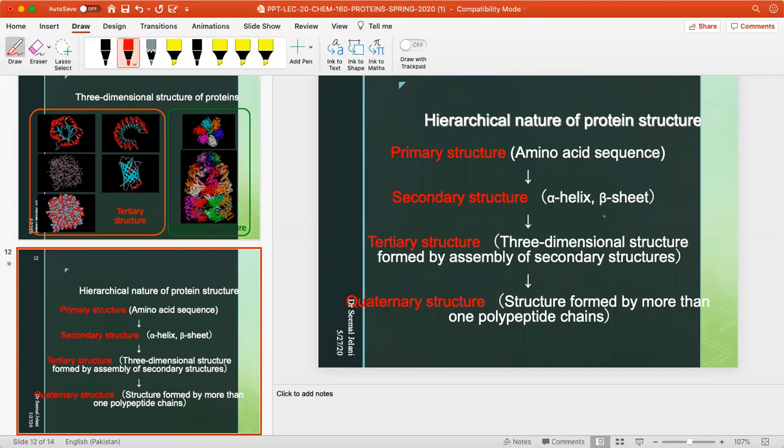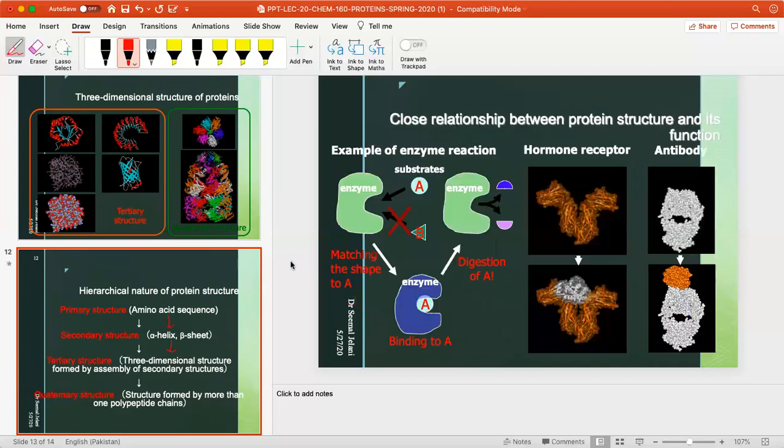First the amino acid sequence is formed, it arranges itself to form alpha helix and beta sheets. Then tertiary structures are formed, assembled in a specific way. And once the tertiary structures are formed, structures formed from more than one polypeptide chain, those quaternary structures will then be formed.